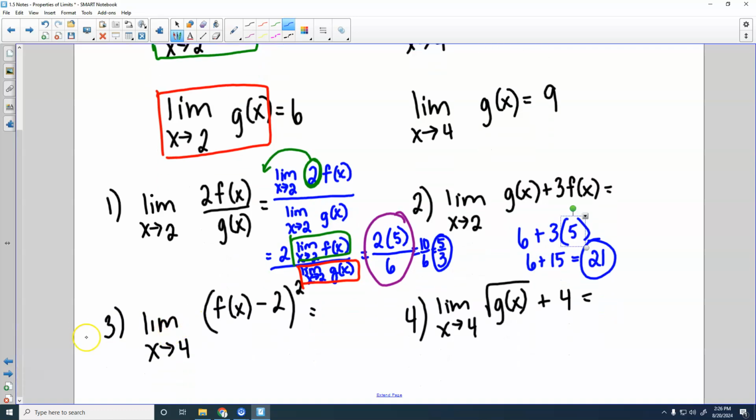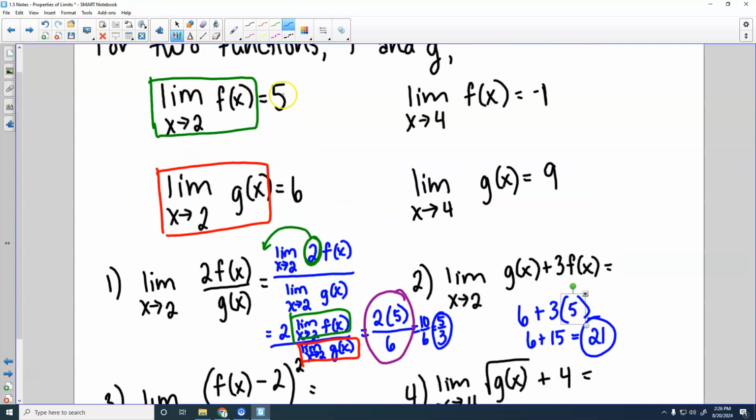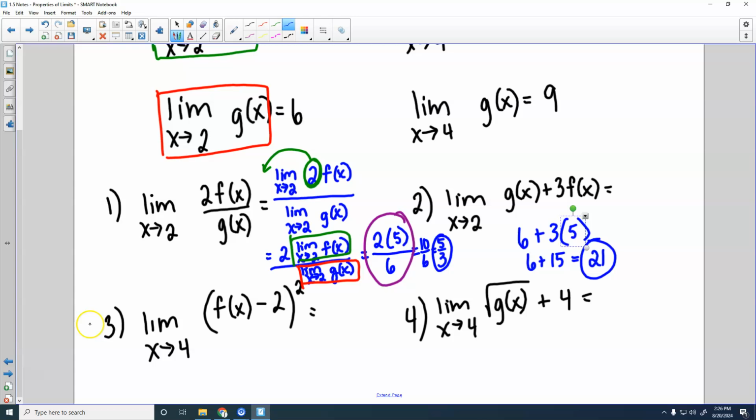All right, so 3 and 4 are going to be a little bit different because what is our limit approaching? 4. So we are not using the numbers 5 and 6. We'll be using the -1 and the 9 from over here. So if I'm doing this limit, the powers can kind of stay where they're at. Essentially what it's going to end up as is the limit as x approaches 4 of f of x minus 2 squared, right?